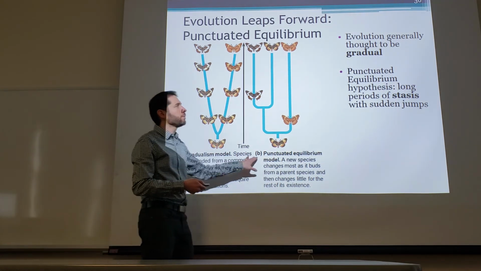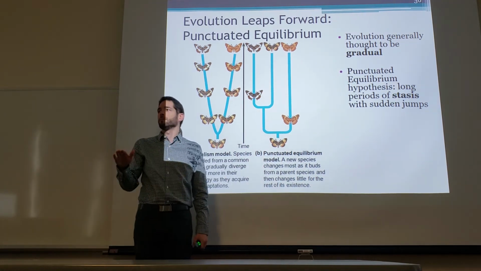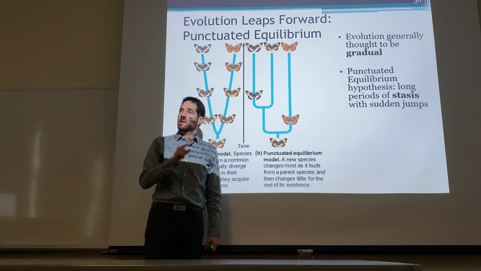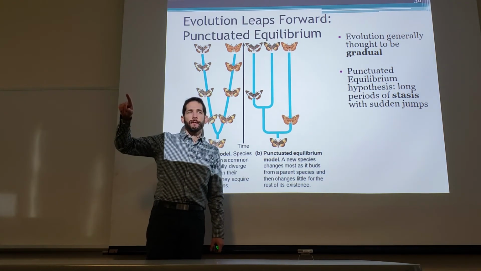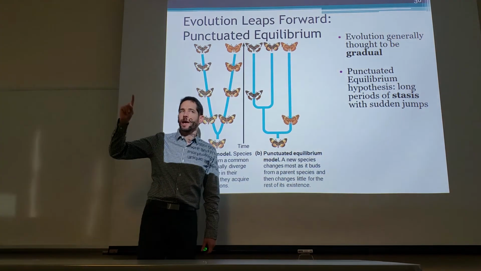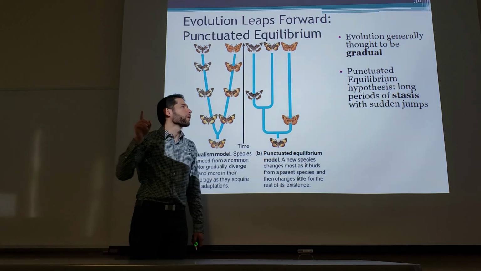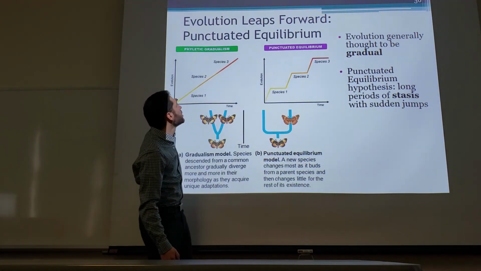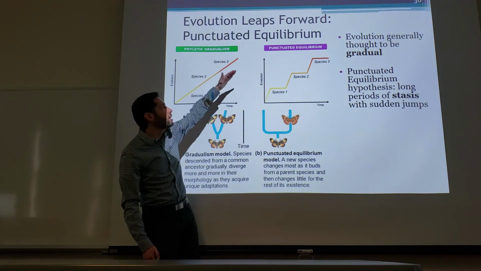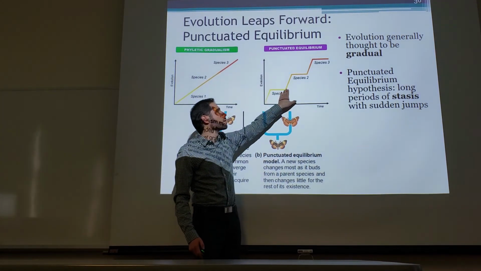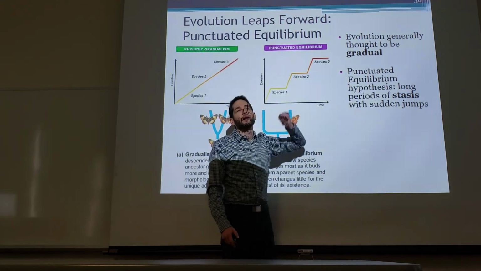Punctuated equilibrium is the idea that you've got equilibrium, stasis, nothing is changing, and then all of a sudden something happens and you get rapid change, and then you go back to stasis and equilibrium, and then something happens, rapid change, all right? Here's another graph of this. Gradualism is slow and steady, punctuated equilibrium is boom, nothing, boom, nothing, and so forth.